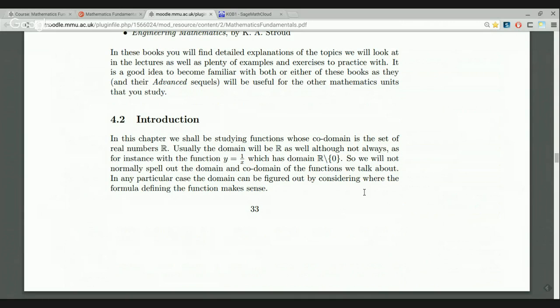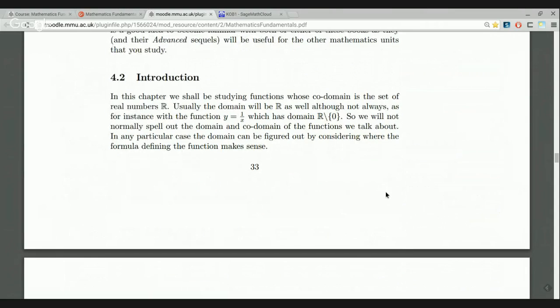You have to exclude 0, of course, because the function doesn't make any sense for x equals 0. You can't divide 1 by 0. So we won't always talk about domains and codomains. They can normally be understood when you consider what's a reasonable domain for the function.